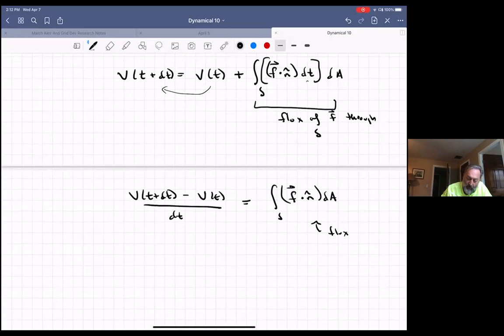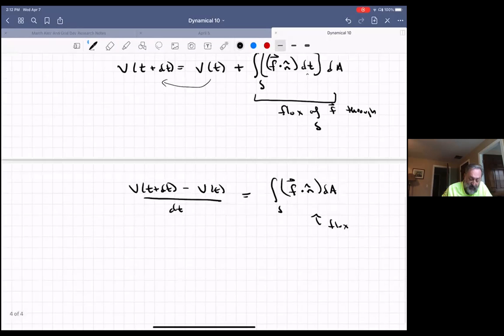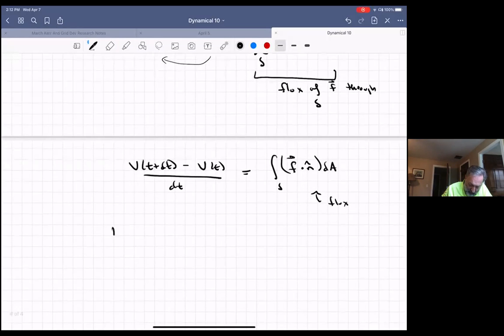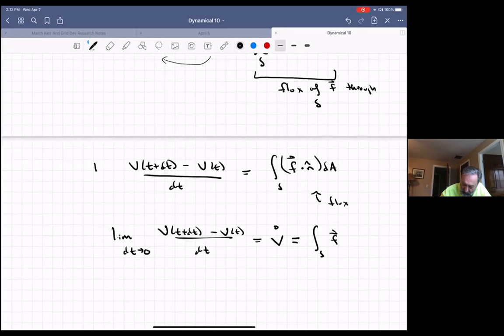Okay. And then if I take the limit as dt goes to 0 of V at t plus dt minus V at t over dt, that would be V dot. So this capital V is my volume, right? So V dot is now the integral over the surface of F dot dA.